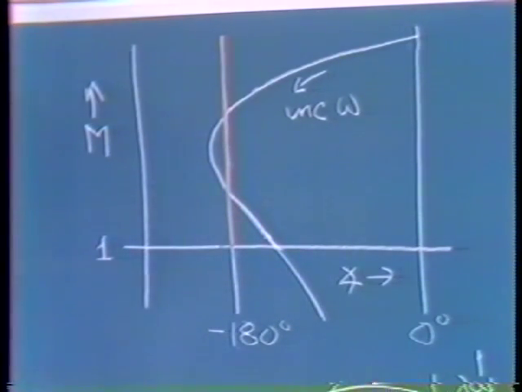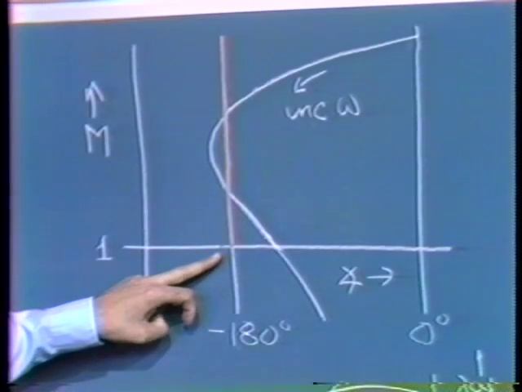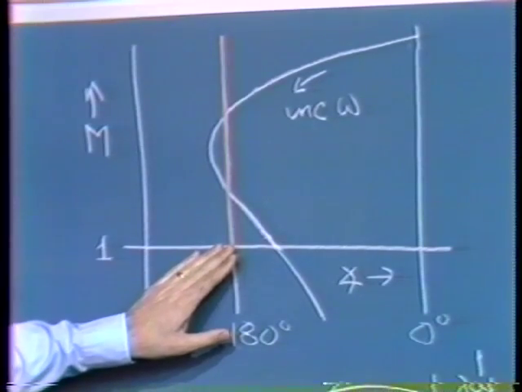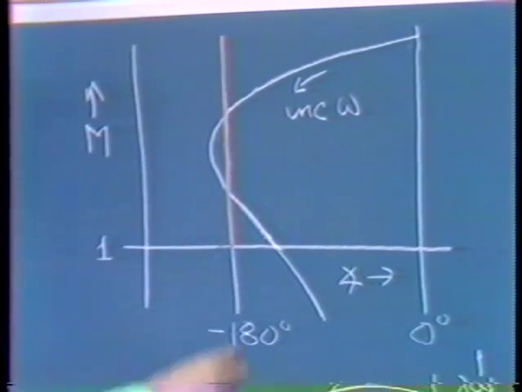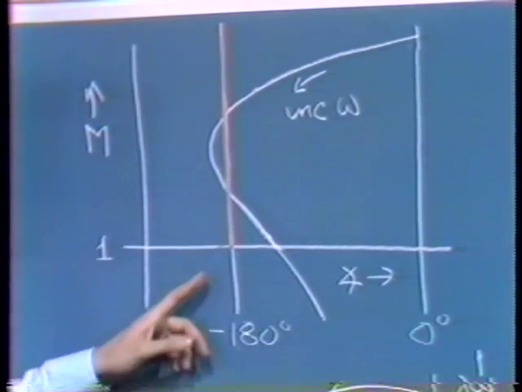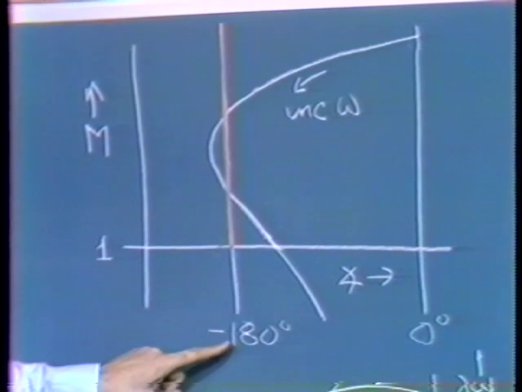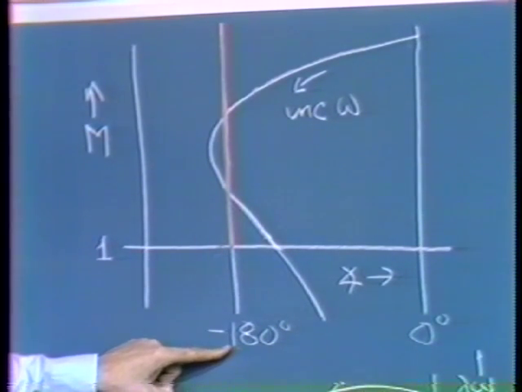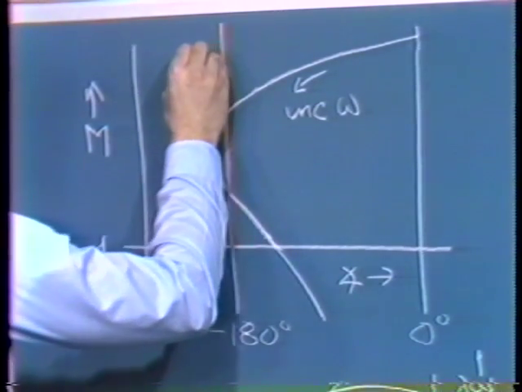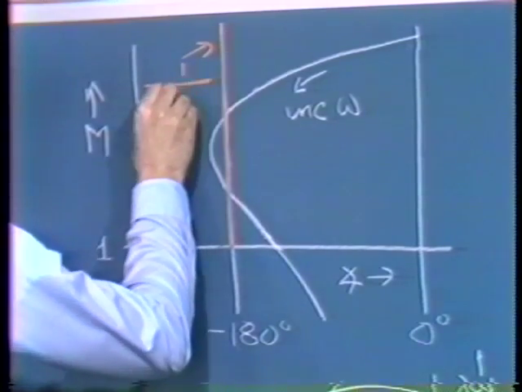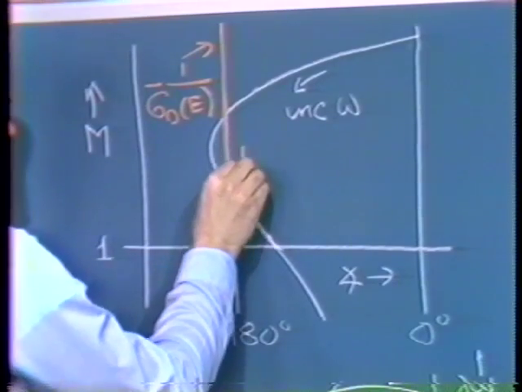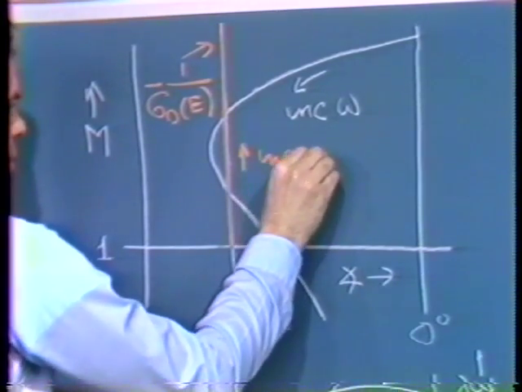G sub d would have a maximum value of 1, so 1 over g sub d magnitude would have a minimum value of 1, and would then increase to larger values for increasing E. So we'd end up with a curve that goes like this. The angle, of course, of minus 1 over g sub d of E would be minus 180 degrees, since the angle of g sub d of E is 0 degrees. We'd have a magnitude of 1. This is minus 1 over g sub d of E. This is the direction of increasing E.